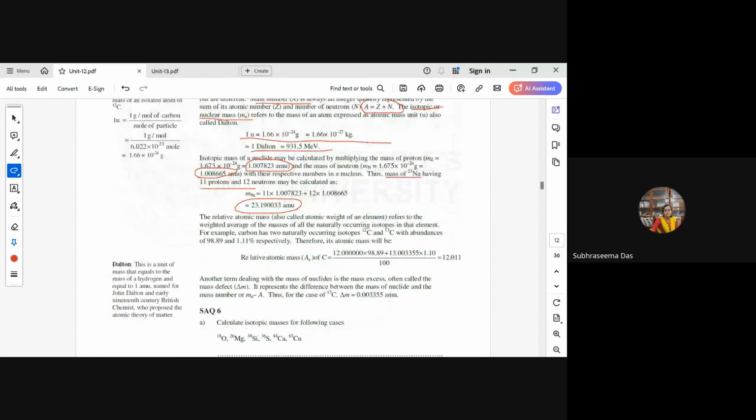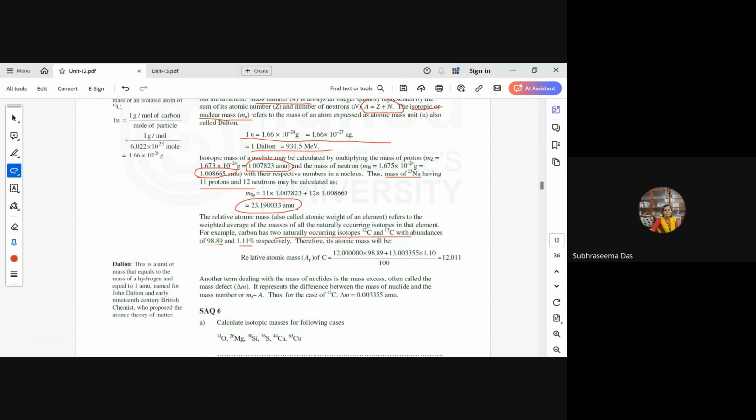Now, coming to the calculation of the relative atomic mass, it actually refers to the average of all the masses of the naturally occurring isotopes in a particular element. For example, let us consider carbon. Carbon has two naturally occurring isotopes, that is C12 and C13, and their abundances in the atmosphere are 98.89% for C12 and 1.11% for C13.